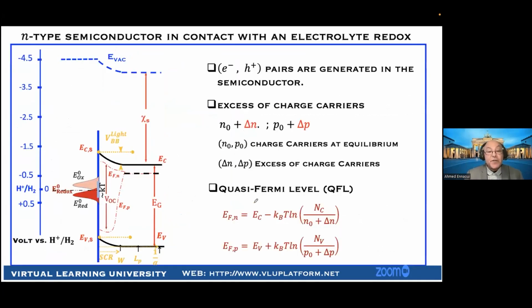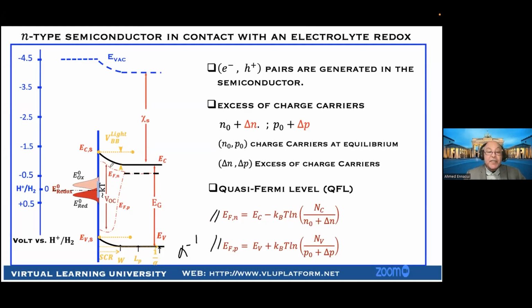I also show you here a very important schematic, where the semiconductor is illuminated. You're in the region where the light is penetrating, and the light is penetrating until 1 over alpha, which means alpha minus 1. All this is out of equilibrium, and therefore you have to deal with quasi-Fermi levels.